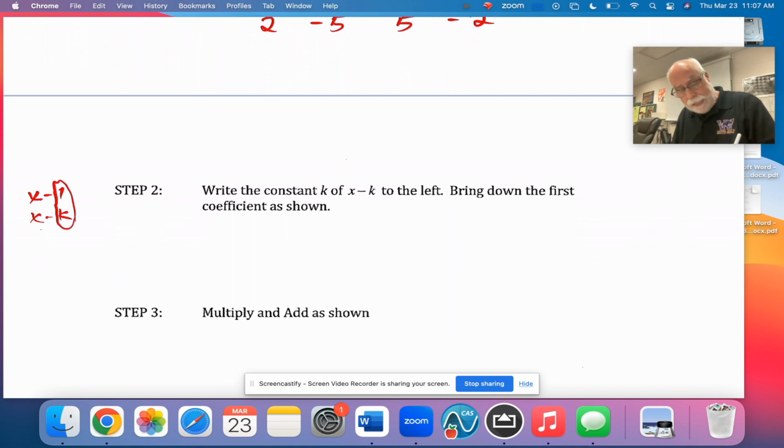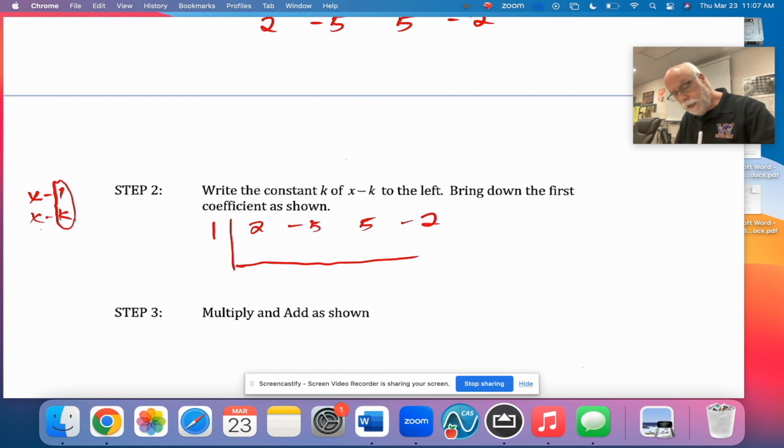So we're going to, again, write that down. We're going to write down our coefficient of 1, and then we're going to put this little box here, and we're going to put our coefficients here. So our 2, our negative 5, our 5, and our negative 2.